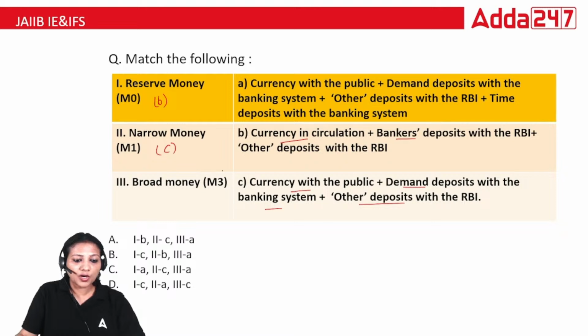And broad money includes time deposit. Broad money is also written as M1 plus time deposit with the banking system. So this is A. So the right answer is 1B, 2C, 3A.